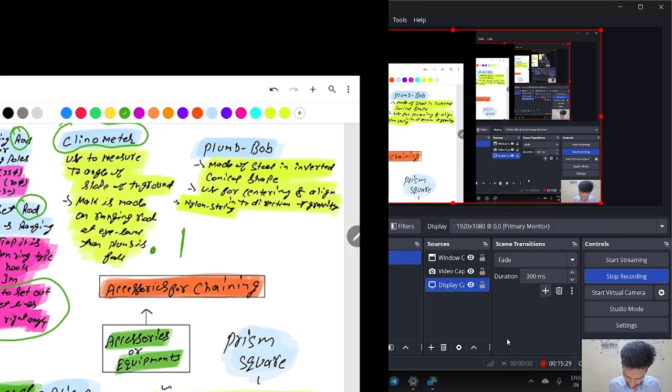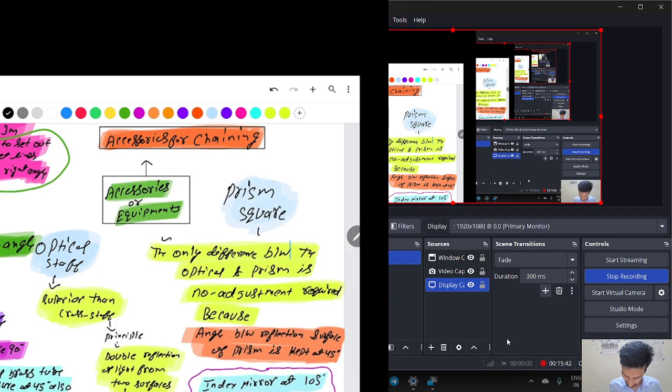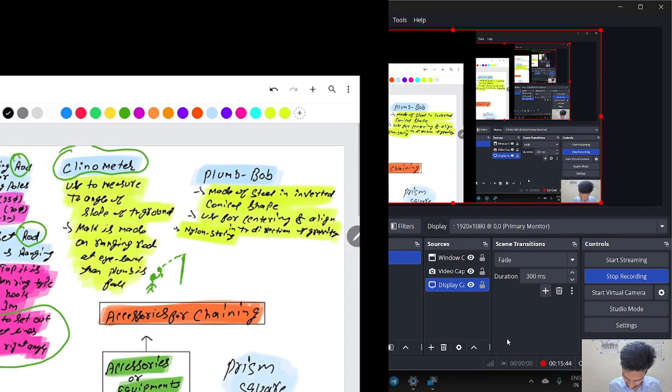I am sighting with a clinometer like this, then I will hit the pole. This is a simple clinometer, meaning angle measurement, vertical.